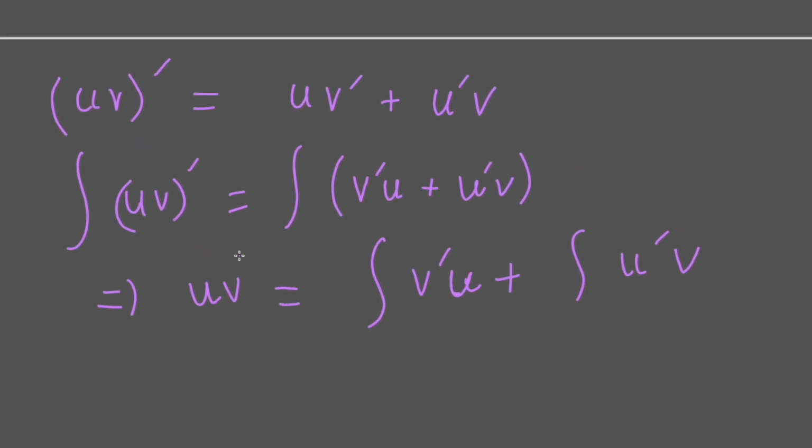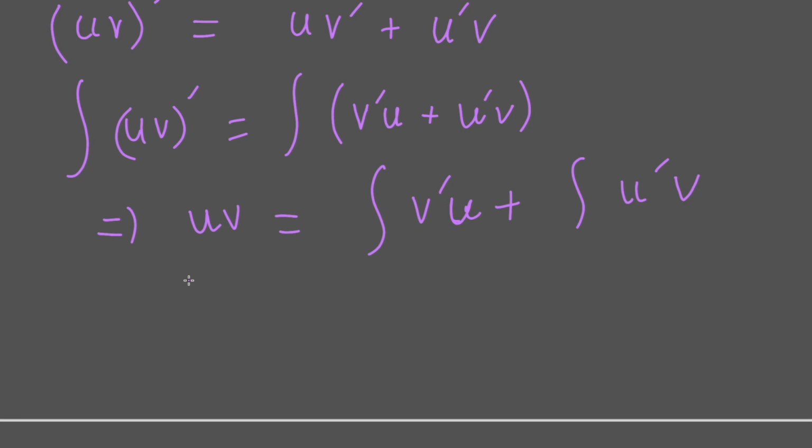Then we put the substitution: u equal to cosine ln x and dv equal to dx.